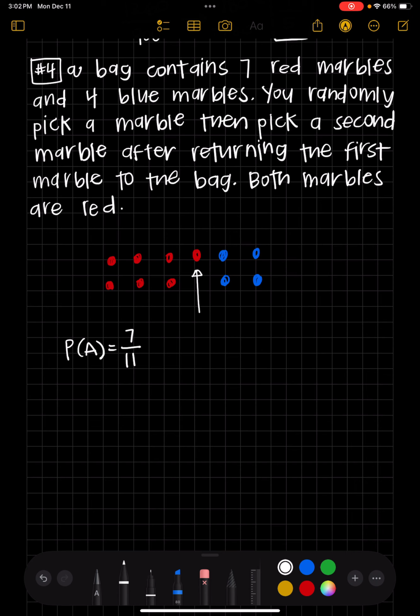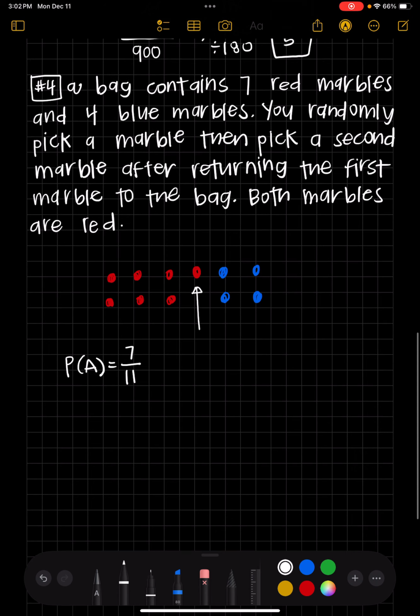I have the same amount of blue marbles, which means that the probability of B, or the probability of me picking that second red marble, I could potentially pick the same exact red marble. And I would get 7/11 again, because there's still the same amount of total marbles in there, and there's still the same amount of red marbles in there. This is why they're considered independent events.